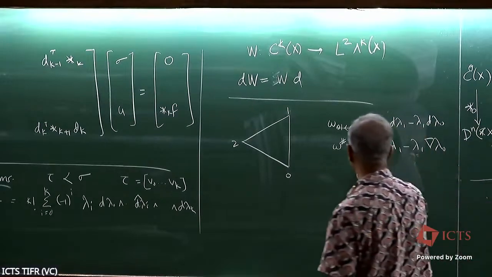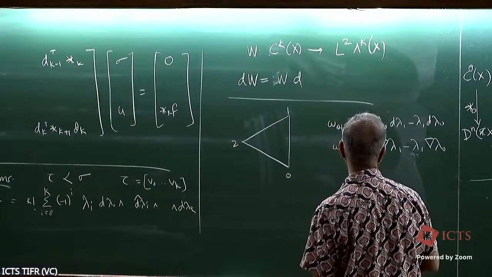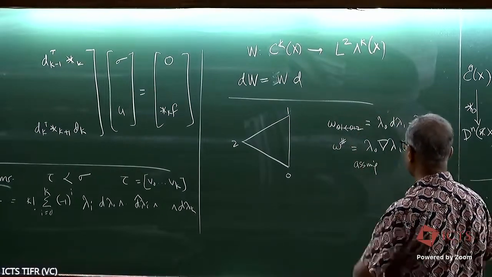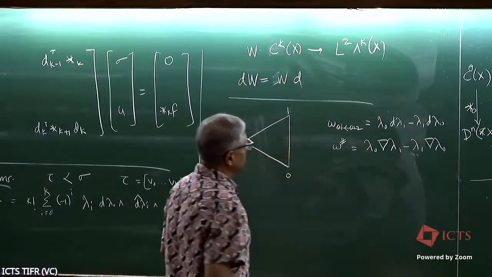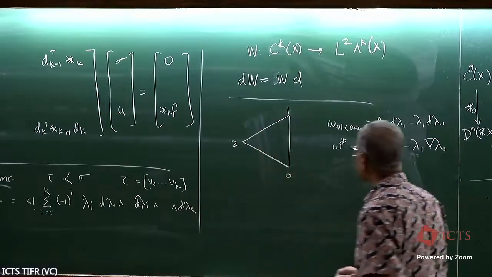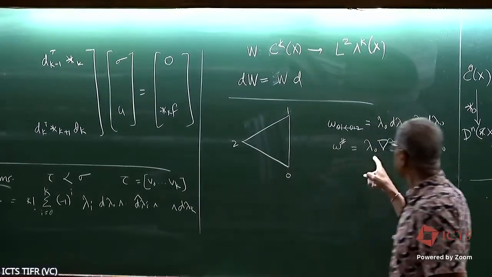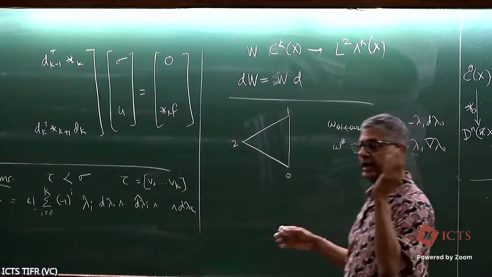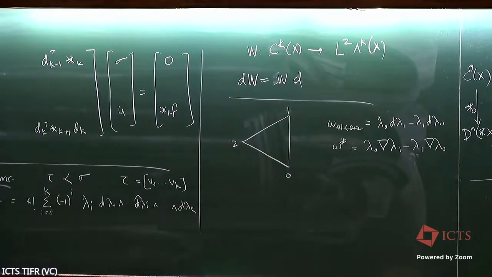It's a gradient in whatever metric, but let's assume Euclidean. So what does this look like? These are barycentric functions. Lambda 0 is the one that's 1 at vertex 0, it's affine, and 0 on all the other vertices.